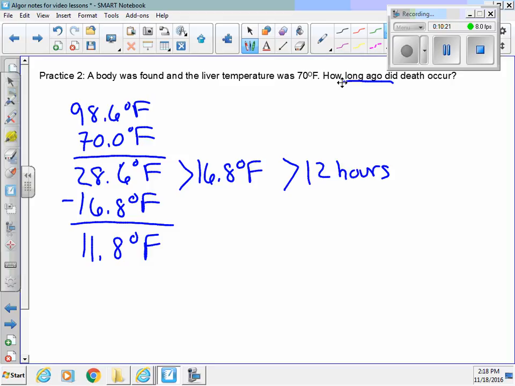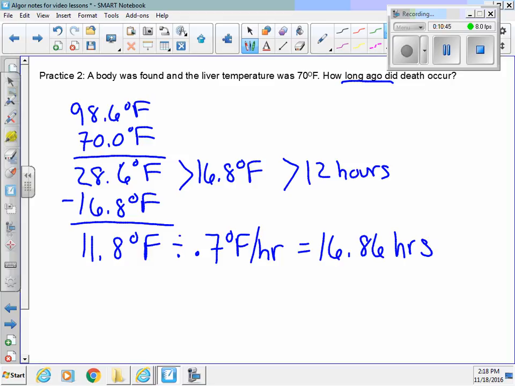So now that we're using that second calculation, we take the 11.8 degrees Fahrenheit, which was lost. We're going to divide by 0.7 degrees Fahrenheit per hour. And that's going to give us 16.86 hours. Okay, make sure you carry over your units.